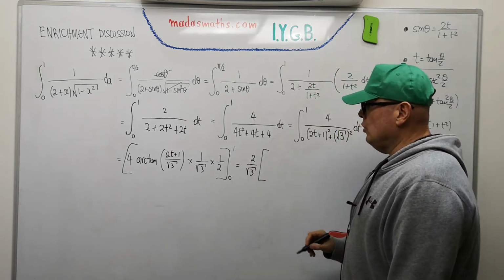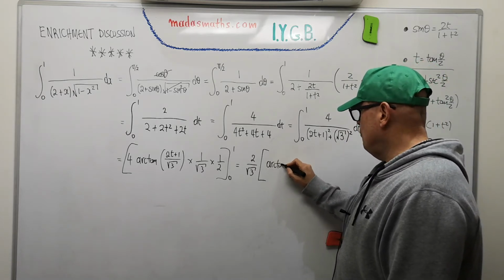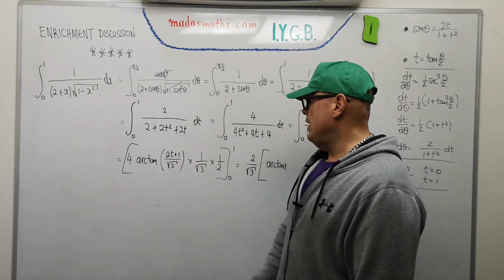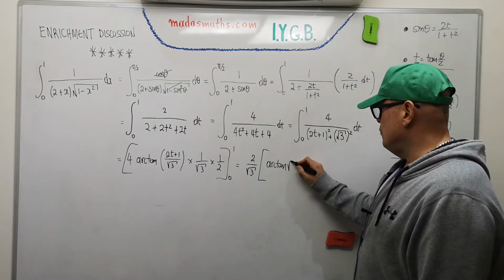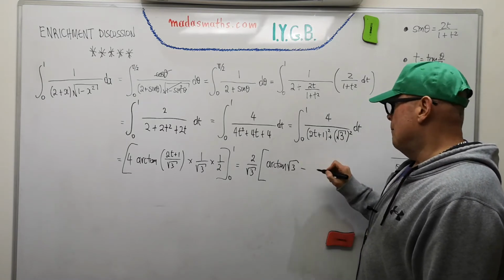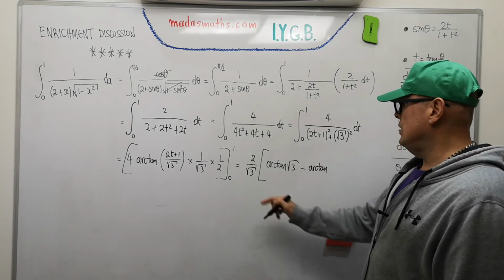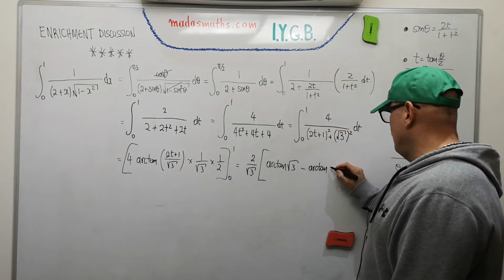And then I've got the arctan of what? I'm putting 1, so that's the arctan of 3 over root 3. 3 over root 3 is root 3. So that's the arctan of root 3, which is a nice number. Minus the arctan of the other quantity. When I put 0 in there, that's the arctan of 1 over root 3, which is also a very good number.